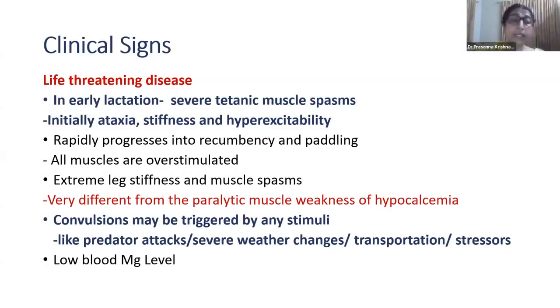And convulsion may be there. Convulsion may be triggered by any stimuli. When there's any predator attack or anything that comes in the way of the animal, that will result in convulsions. Then severe weather changes may aggravate the condition. Then transportation or any other stresses will aggravate the condition. So in all these conditions, the one common thing that you can note down is a low magnesium level.